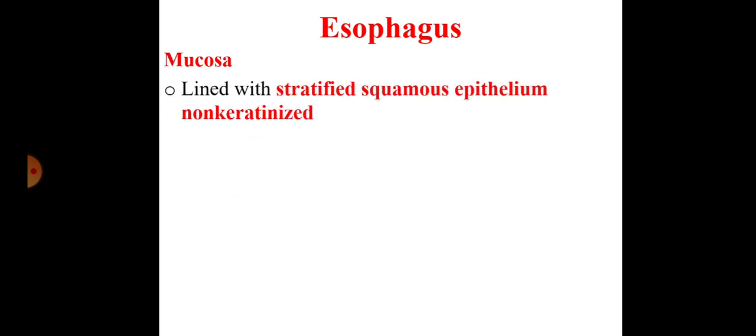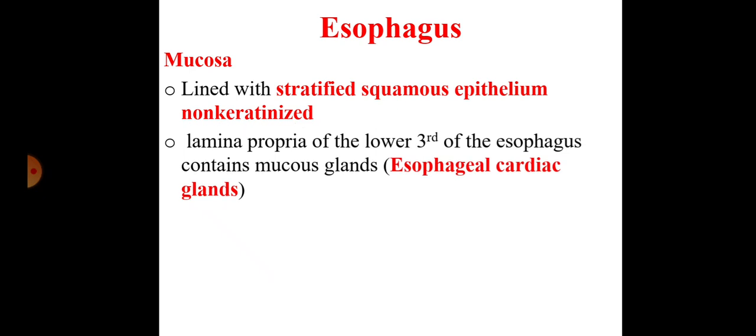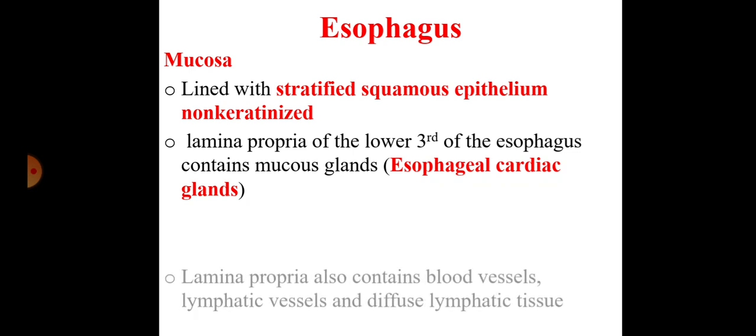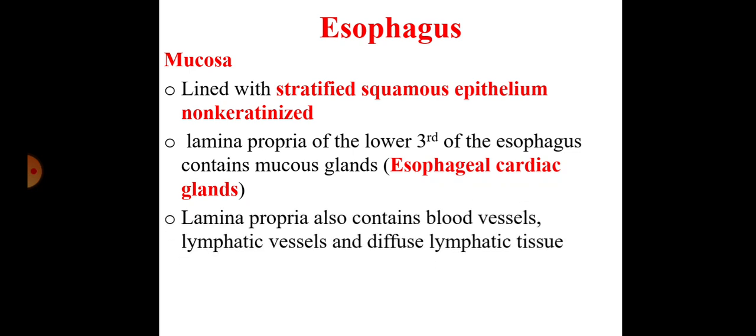Okay, the inner layer of the esophagus is mucosa, which is non-keratinized stratified squamous epithelium. Deep to it there is lamina propria, which contains mucous glands, blood vessels and lymphatics.